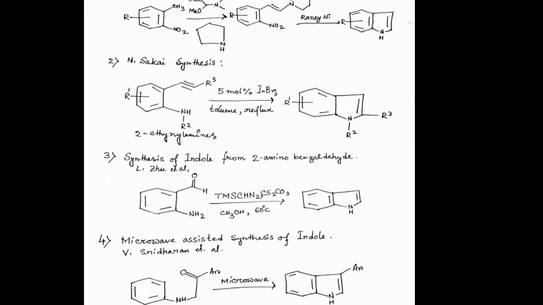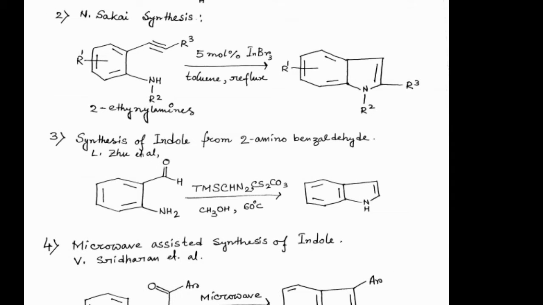Now the third reaction by which we can synthesize indole is from 2-aminobenzaldehyde. In this 2-aminobenzaldehyde, you can see that the 2 position of the benzaldehyde is substituted with the amino group, and that is why the compound is named 2-aminobenzaldehyde. The reagent used for this reaction is TMSCHN2, represented here.